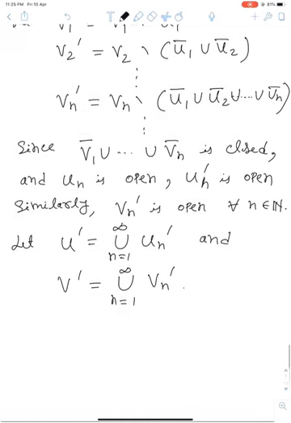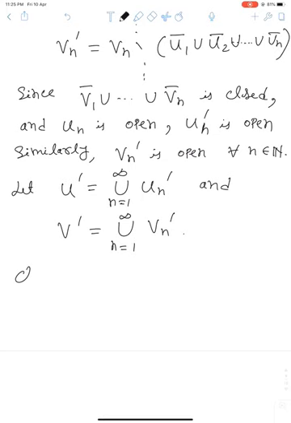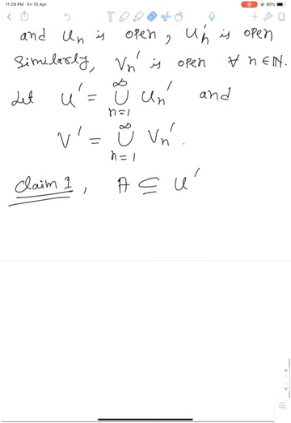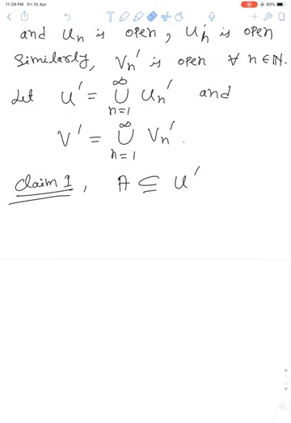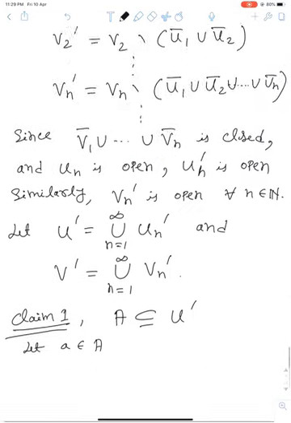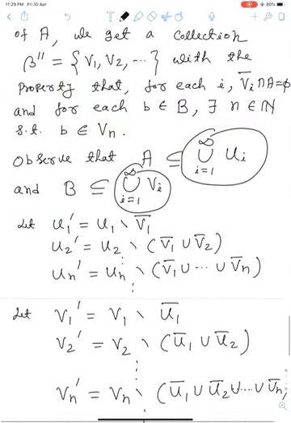So first claim, claim 1: A is a subset of u dash. So let a belong to A. Now we note, just recall what is my beta double dash.